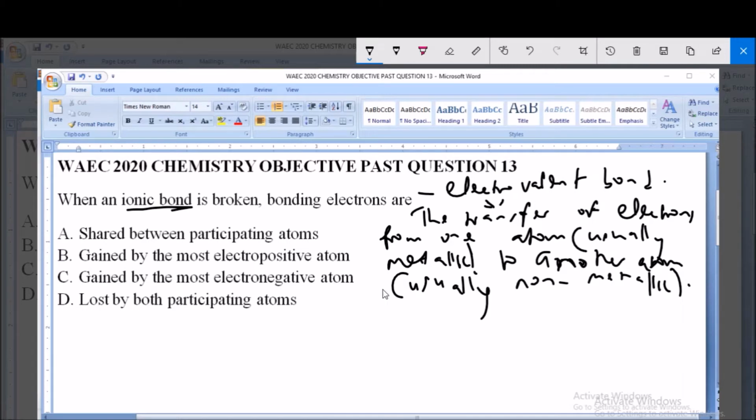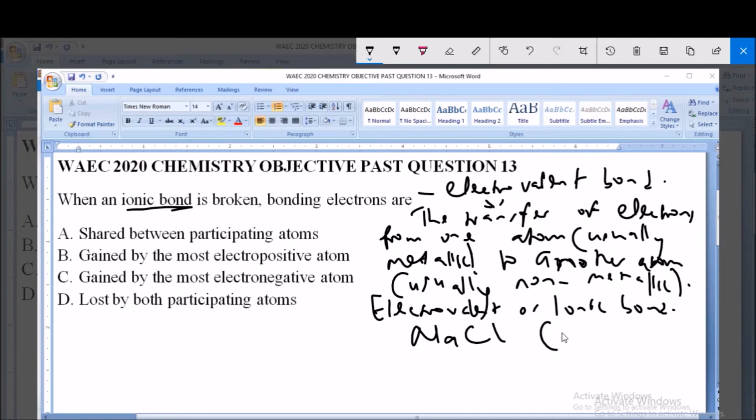Now the bonds formed are known as electrovalent or ionic bonds, and an example is the bond you have in sodium chloride between sodium and chloride. So this is an example of a compound that has electrovalent bonds.